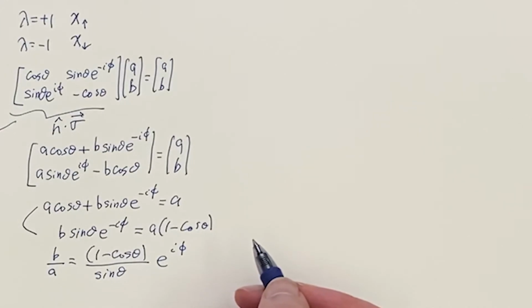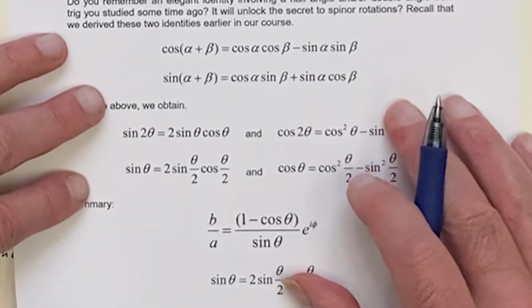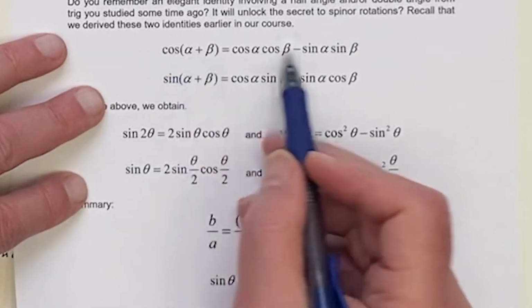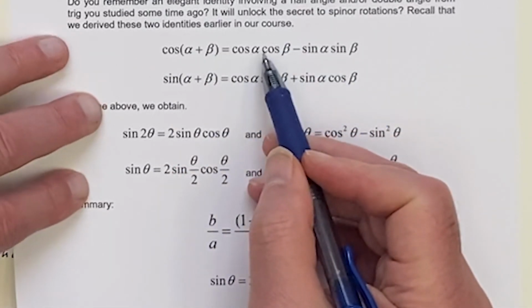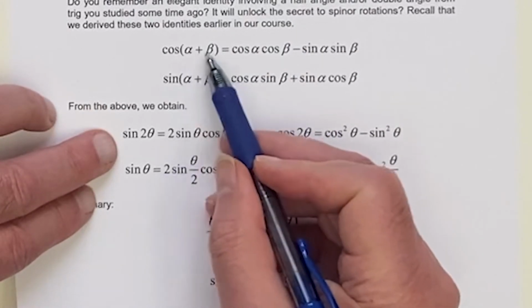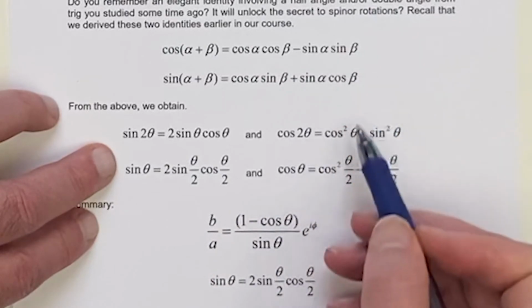Okay, now it's time for some trig. Here, I'm going to refer to the book to show you that we can derive everything. We derived these equations earlier in our course from the rotation matrix. If you make alpha and beta the same, then you get these cool equations.